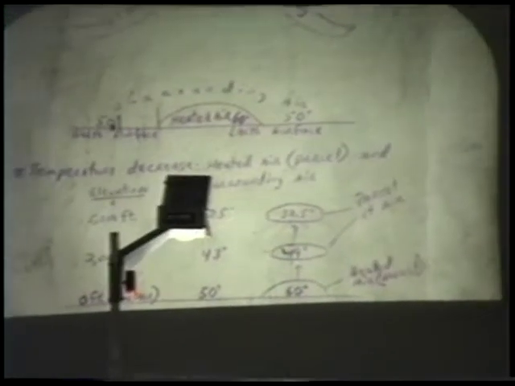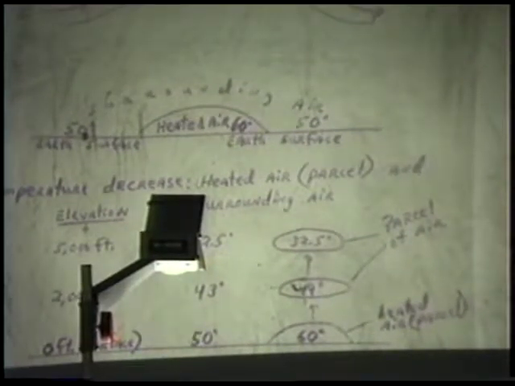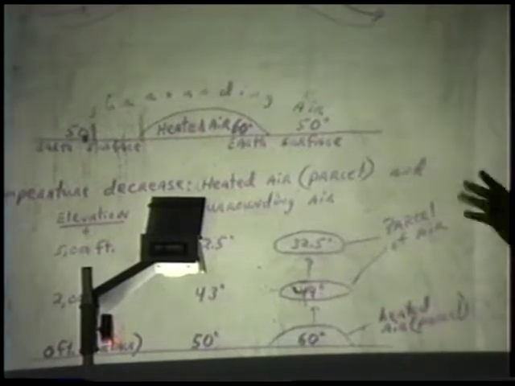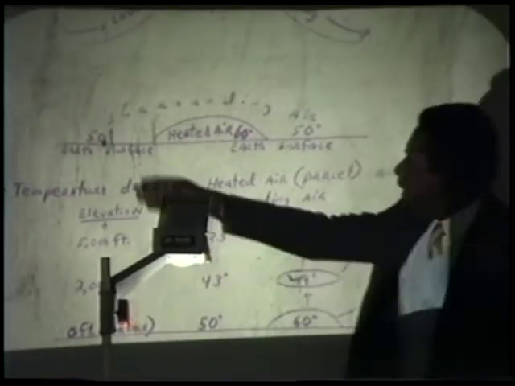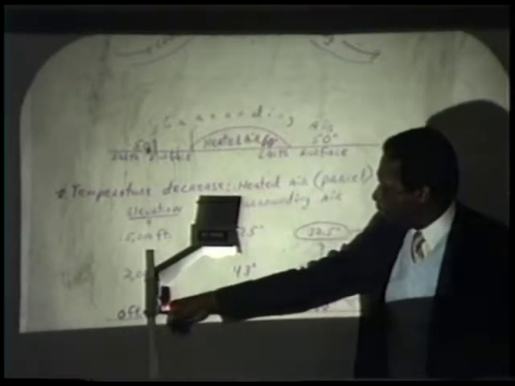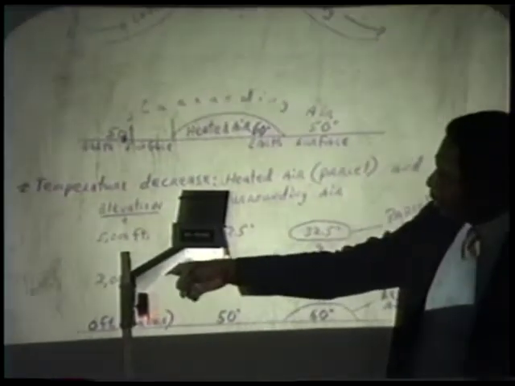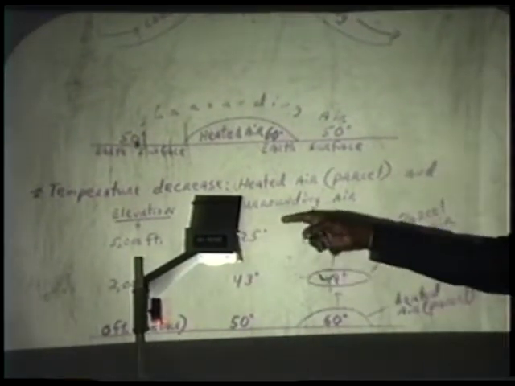Temperature of the rising air on the one hand, and temperature of the surrounding air on the other hand. What this shows over to the left is elevation or altitude in thousands of feet. Here, this indicates 0 feet for the surface, and 2,000 feet, 5,000 feet.